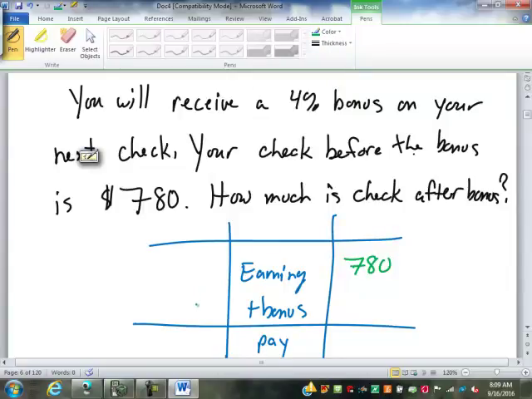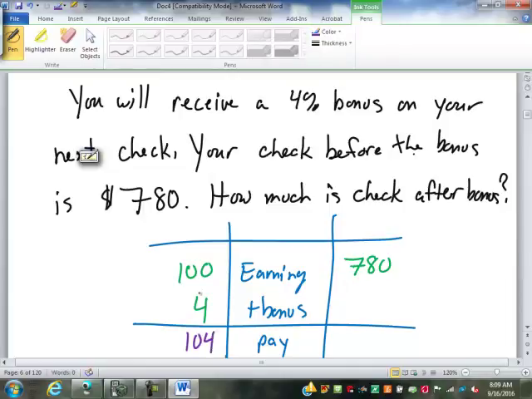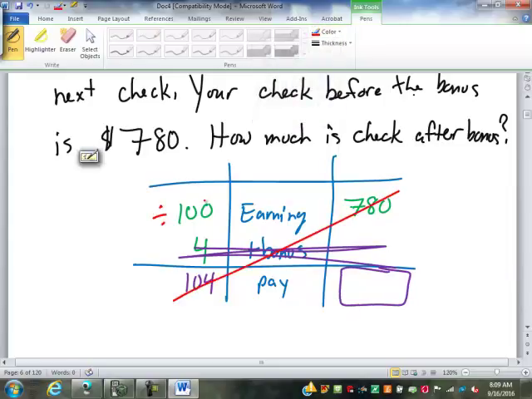Your bonus is 4%. 100% was your beginning amount of your earnings. What you're going to get paid is 104%, 100 plus 4, because you're adding on, not subtracting out this time. And we want to know how much is your check after the bonus. Cross multiply and divide: 104 times 780 divided by 100.